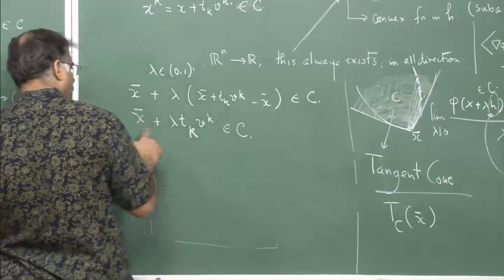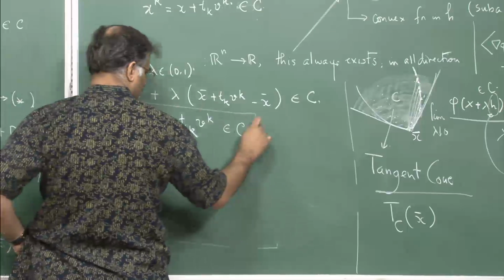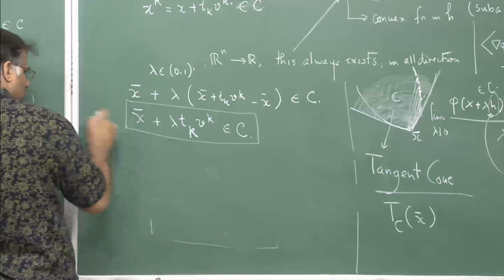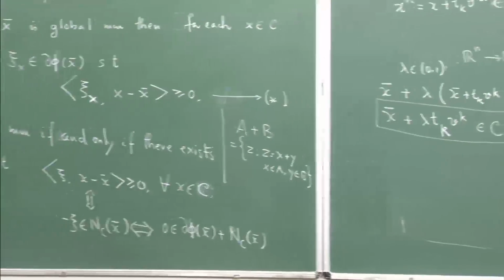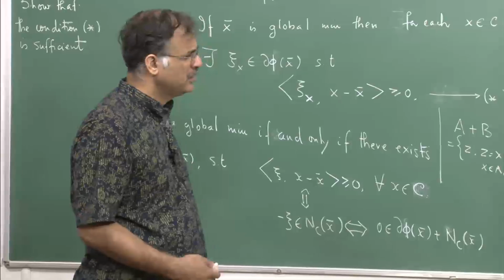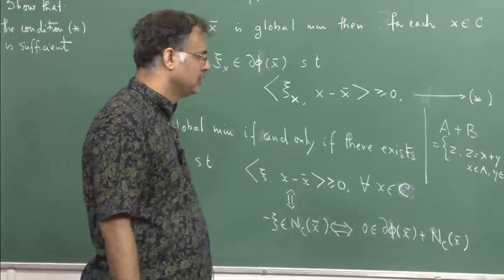So for all lambda between 0 and 1, this would happen. This is the outcome of convexity. Okay.